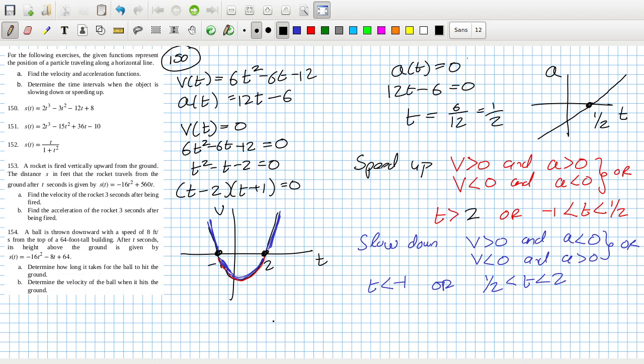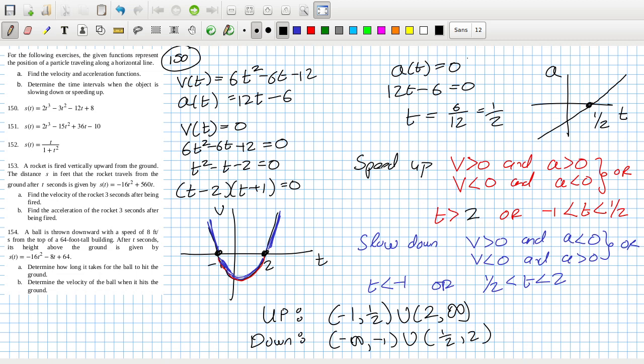So the speeding up answer would be from minus 1 to a half, union 2 to infinity. And then the slowing down would be minus infinity to minus 1, union a half to 2. Okay.